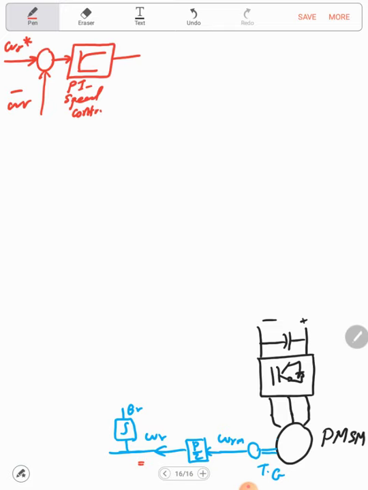And here, for simplicity, let's assume that we are discussing a cylindrical machine in which LD is equal to LQ. So simply this means that the torque equation has only one term, which is the interaction between the Q-axis current and the flux.